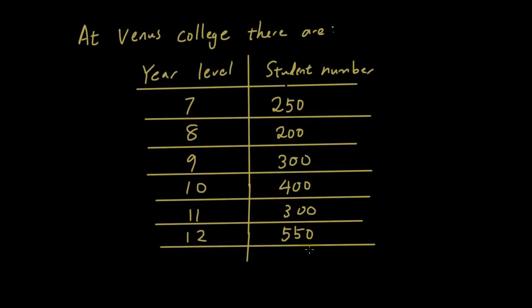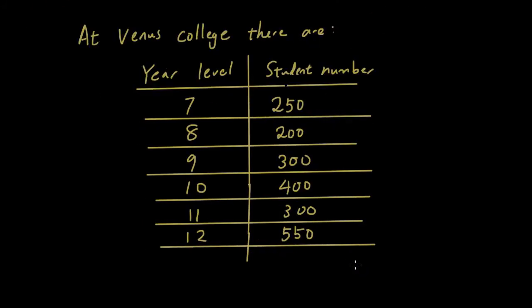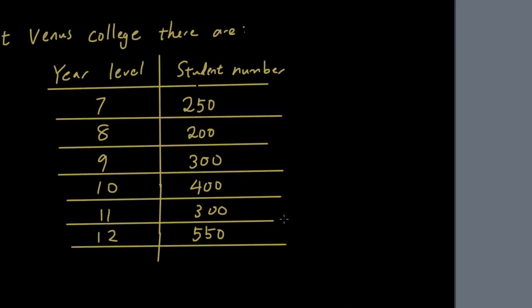We're only going to choose 50 people from the school to hand out our survey on finding out the most popular social network. Remember, so far all this information is given to us as part of the question.